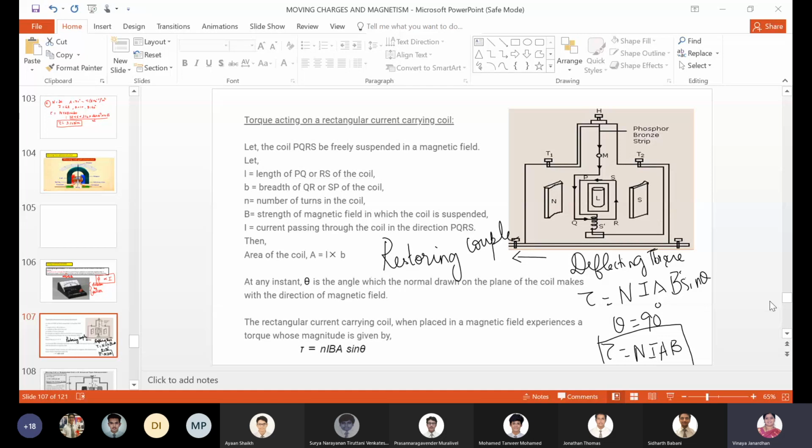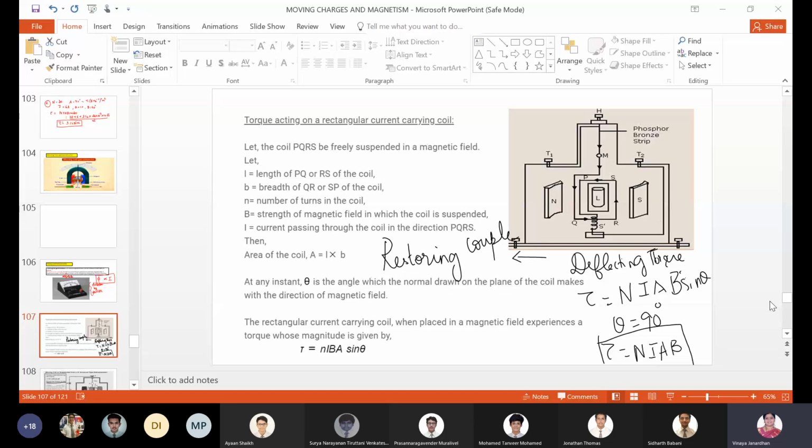Are you clear, boys? The moment the current flows through the coil, it undergoes a torque, and we call this torque the deflecting torque. Theta is the angle between the normal vector or area vector, any vector perpendicular to the surface of the coil, and the direction of the magnetic field.